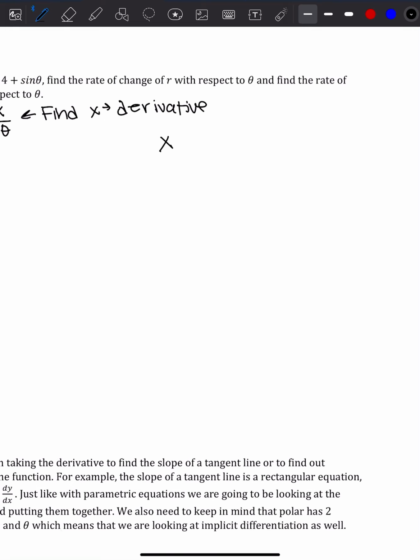I need to find x, and I know x is r times cosine theta. Well, r in this case is 4 plus sine theta. So we're looking at 4 plus sine theta times cosine theta. I can take the derivative as is and use a product rule, or I can distribute what I have out and then take the derivative of what I have.